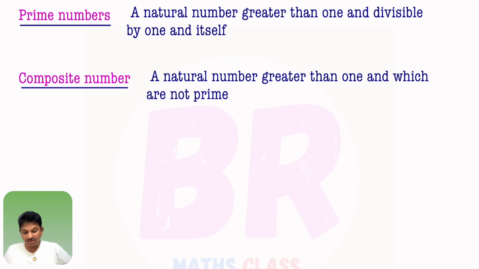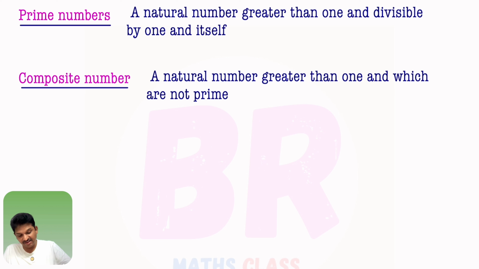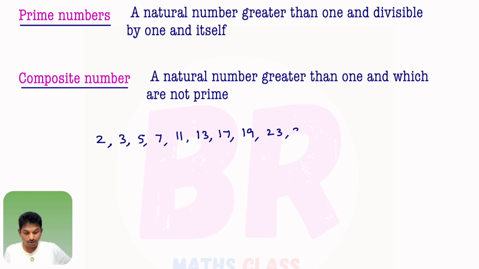Examples of prime numbers: 2, 3, 5, 7, 11, 13, 17, 19, 23, 29, 31. It is better to remember the prime numbers up to 30. These are known as prime numbers.